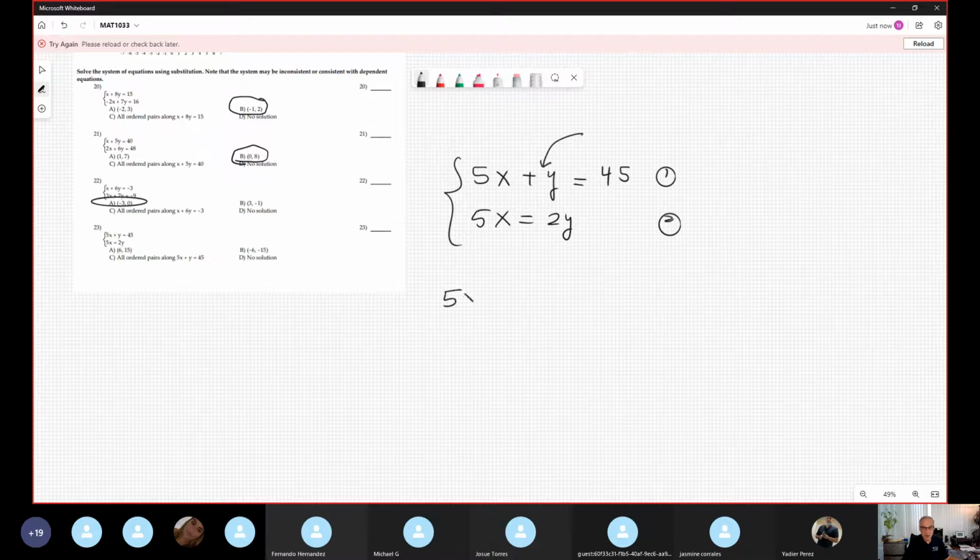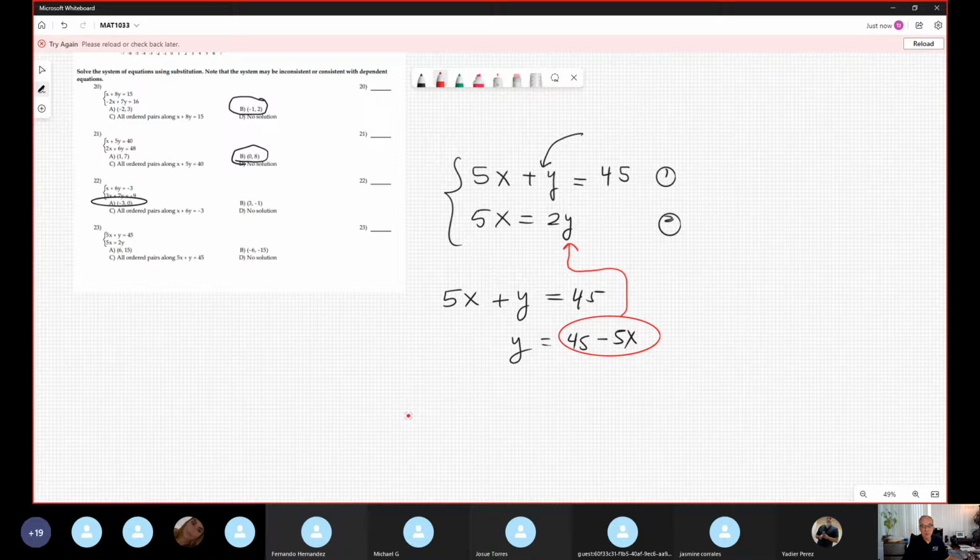So I copy 5x plus y equals 45. Therefore y alone is 45 minus 5x. Okay? And you substitute this expression.